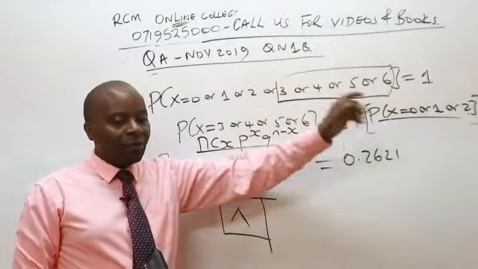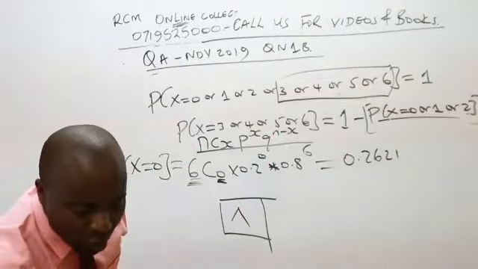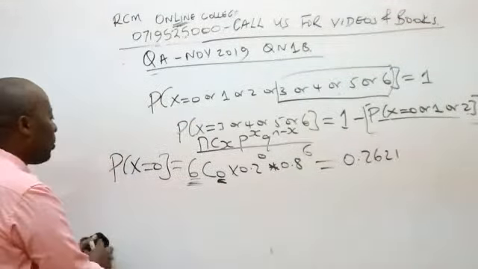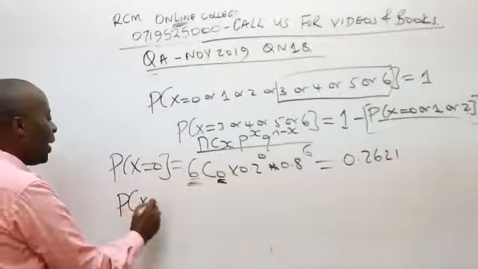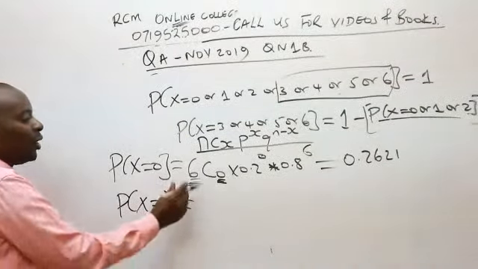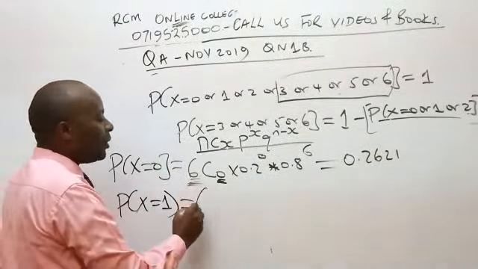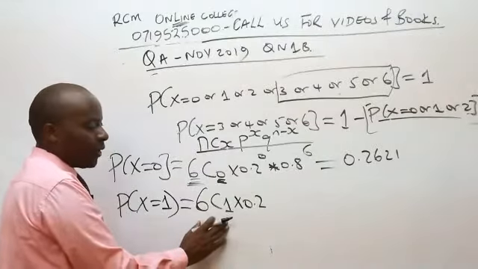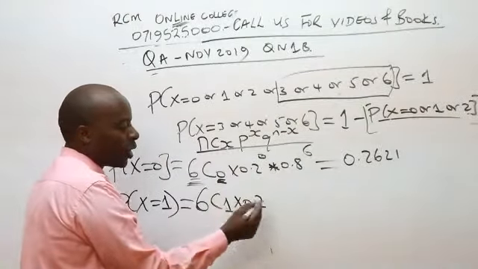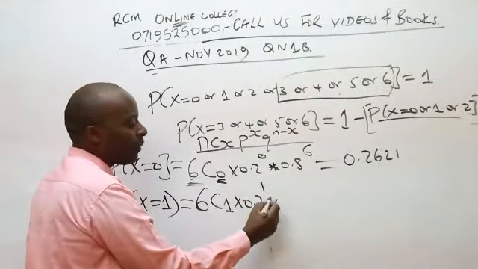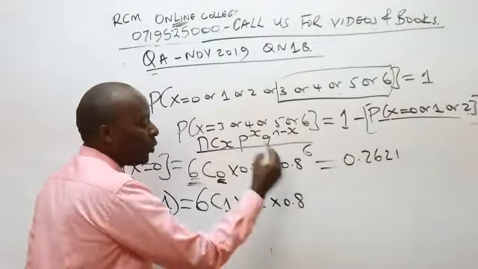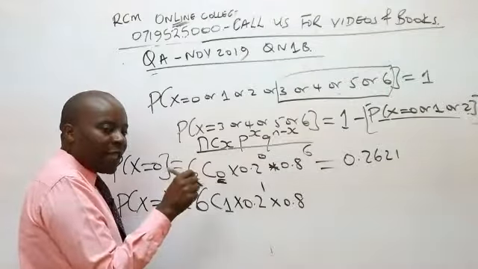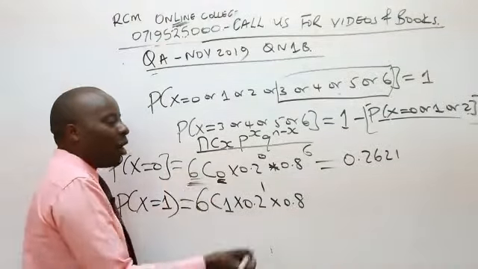Take on the probability of the second event, where X equals what here? Where X equals 1. So come and give us the probability when X equals 1. Remember, we are using this general formula. It will be 6 combinations 1 times 0.2. Remember now X is 1, so 0.2 is raised to X. So 0.2 raised to power 1 times our Q is 0.8. Remember these figures, I gave them to you up there. So 0.8 this time around will be raised to a new power. How do I get the new power?